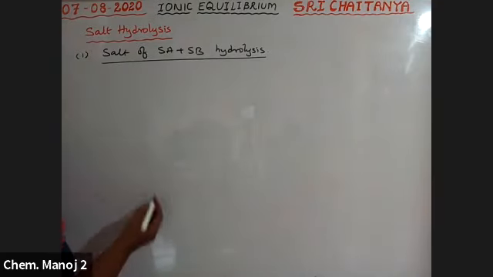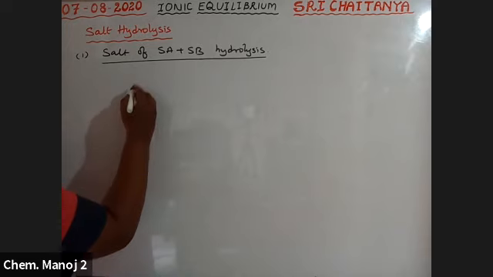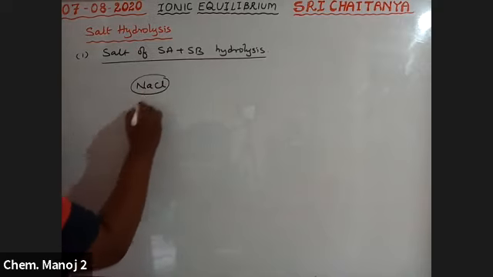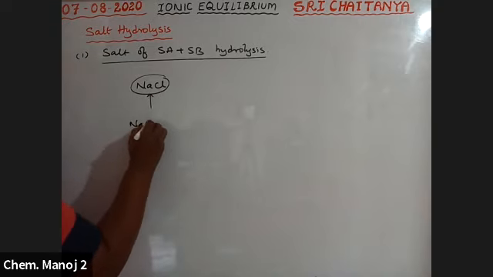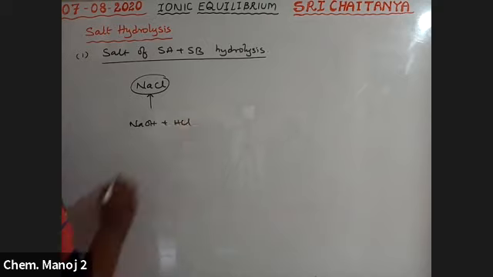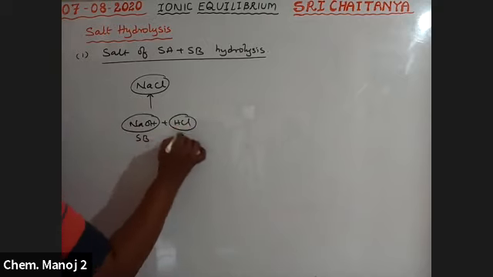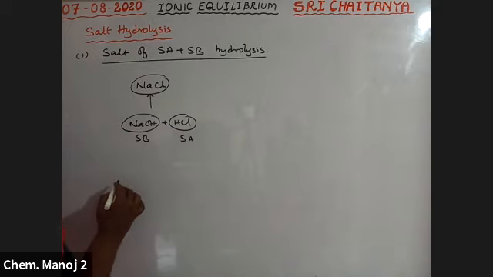See here, let us take a strong acid and strong base combination, that is NaCl. How is this NaCl formed? This NaCl is formed by the combination of NaOH and HCl. NaOH is a strong base, HCl is a strong acid.